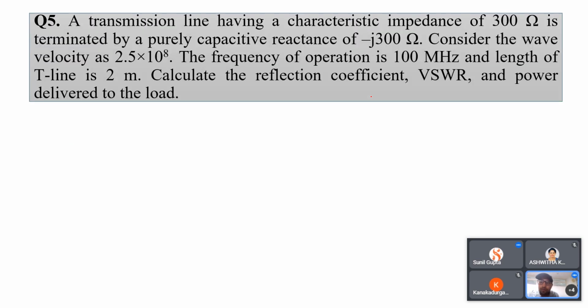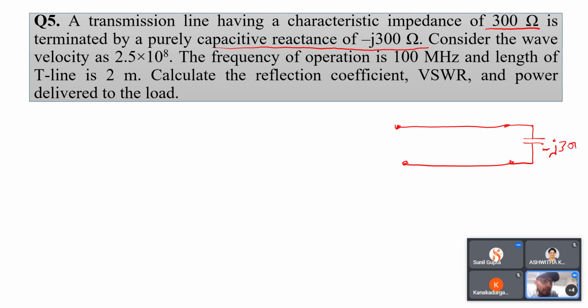Okay, so this is the next question. A transmission line having a characteristic impedance of 300 ohm is terminated by a purely capacitive reactance of minus j300 ohm. Here is the transmission line, and it is terminated by a purely capacitive load whose value is minus j300 ohm, and the impedance of this line is 300 ohm.